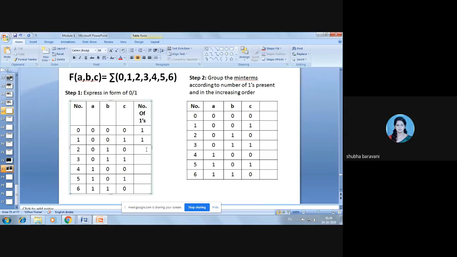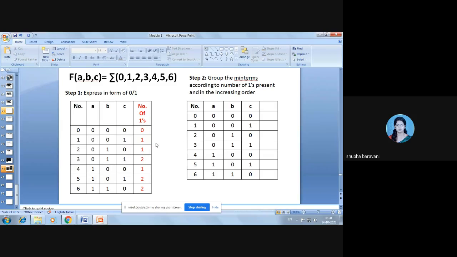In 2 also there is only 1. In 3, there are 2. In 4, there is only 1. In 5, there are 2 ones. In 6, there are 2 ones. Understood this column, everyone?